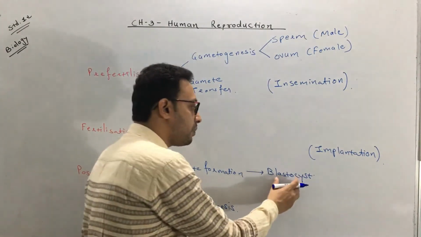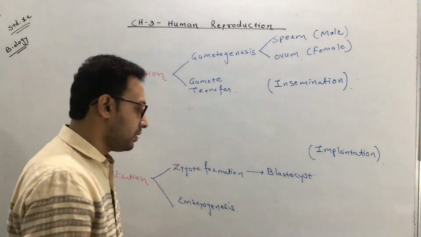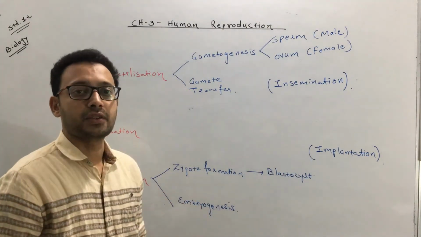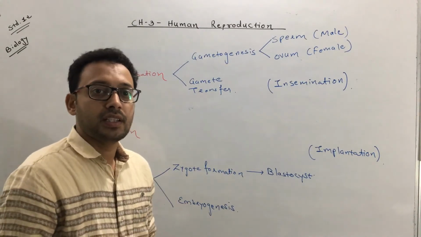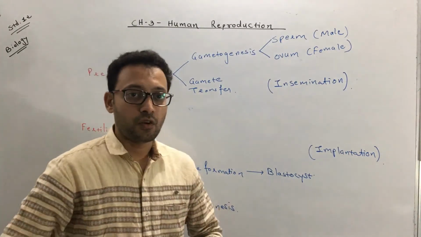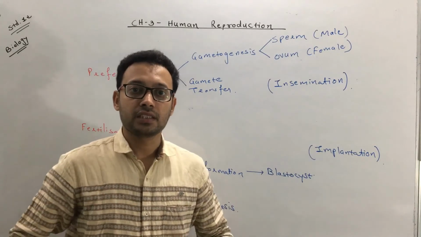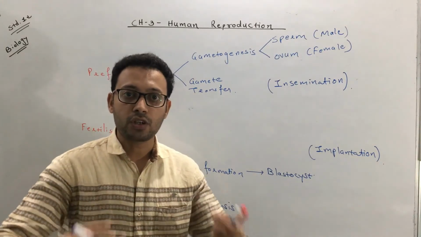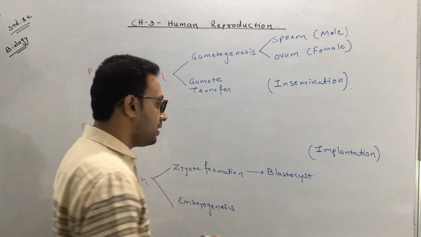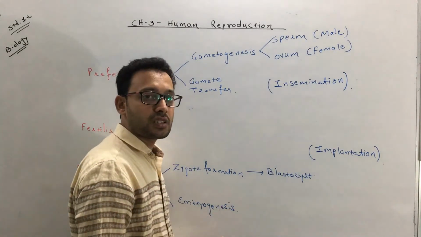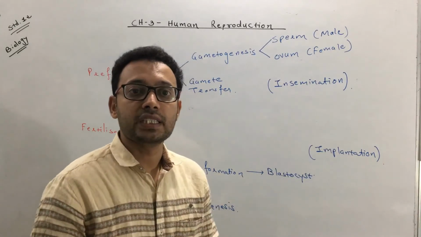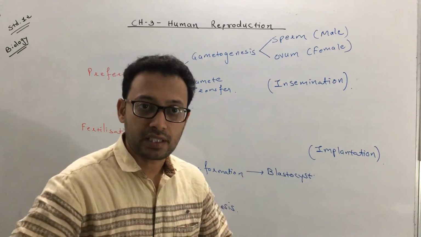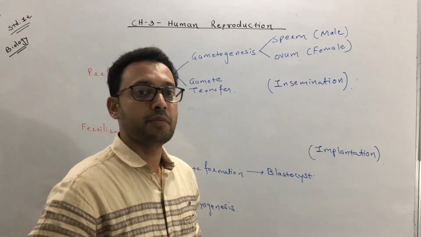Okay, now this blastocyst again develops, and that leads to the formation of an embryo. So this development that occurs in the womb, we call pregnancy. Okay, that results in the development of an embryo within the womb or in the body of the female parent. That process is called embryogenesis. As human beings are viviparous animals, the development occurs inside the body of the female parent.